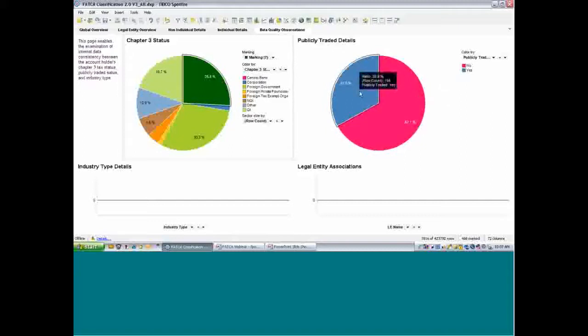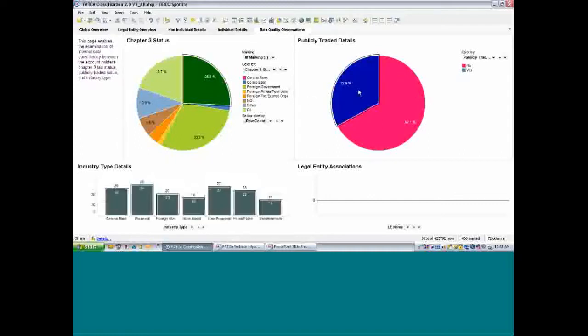But if we come over here, just over 30% are actually publicly traded in the account file. So this would mean the presence of a ticker symbol or an exchange name, probably in the account file. Maybe it came out of the AML, CIP, background checks, that's where the data came from. Regardless of where the data came from, at least the way it's being interpreted right now, it's showing that a central bank is publicly traded.